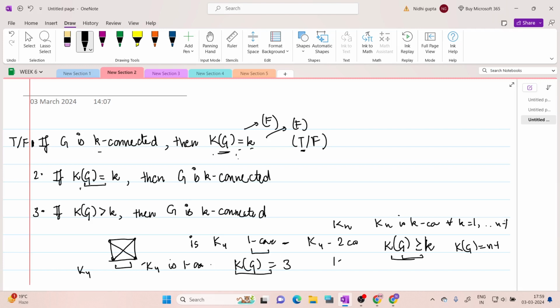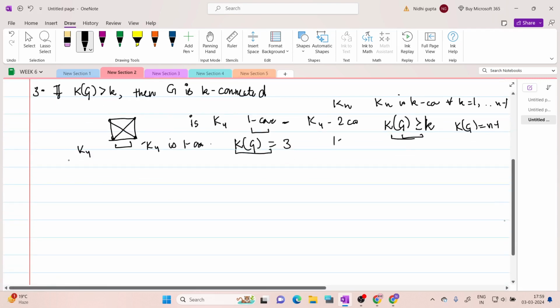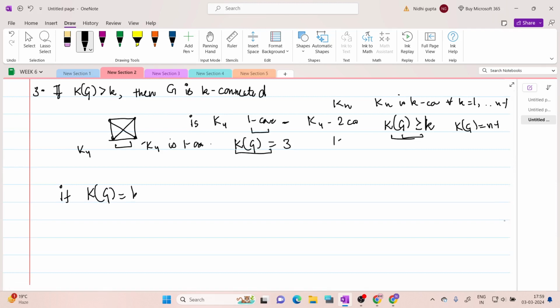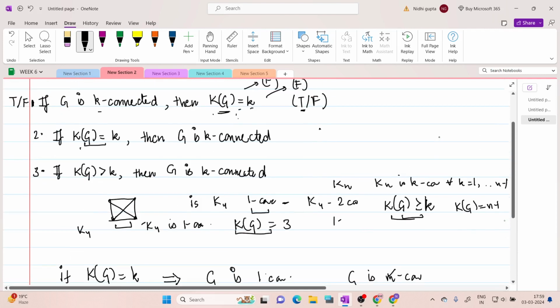So by definition, if Kg, the vertex connectivity, is equal to k, this means that G is 1 connected, G is 2 connected, and G is k connected. So basically G is m connected for all m less than k. In particular, G is also k connected. Therefore, the second statement is true.